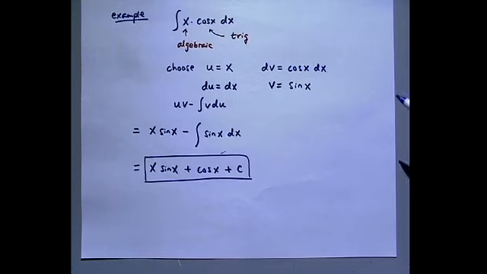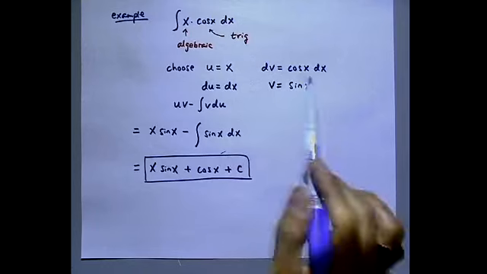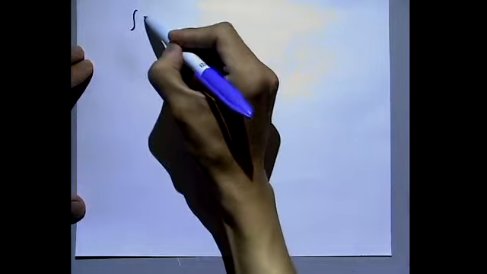Let's also find out what happens if I had reversed the choices here. Let's see if this one is as bad as the natural log of x. Revisit that again.